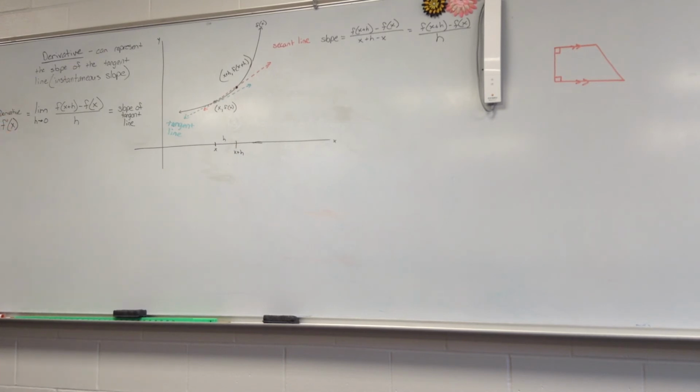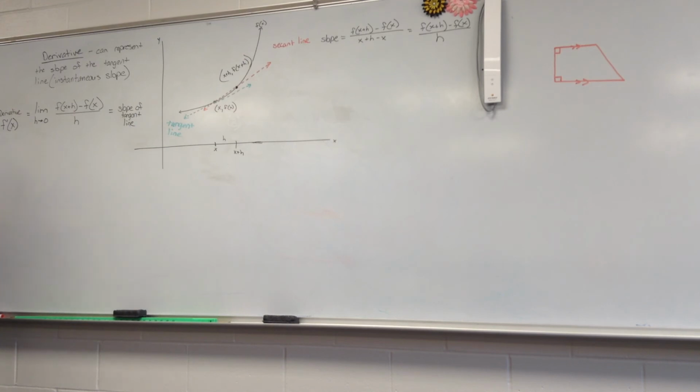We're not into that a lot yet, but that's the notation we will eventually use. The derivative can be found by taking the limit of this function as h approaches 0. In other words, finding the value of this as h gets really, really small.